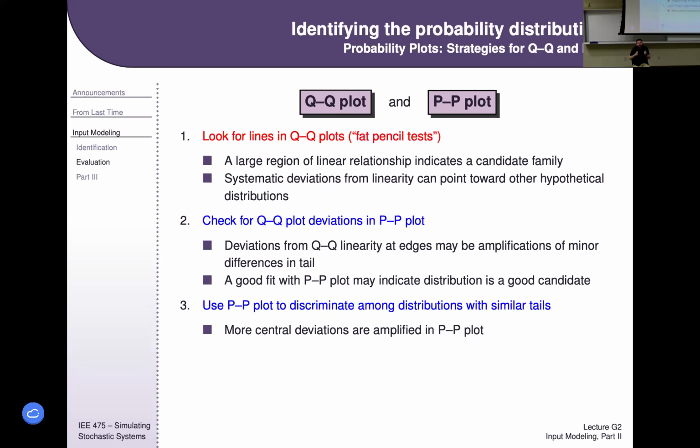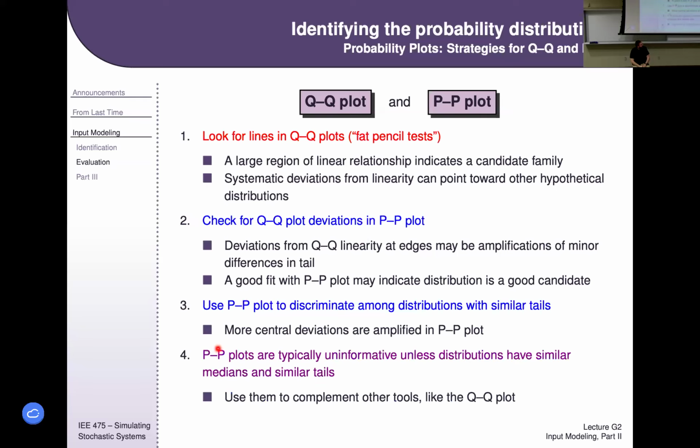Basically what's happening is the QQ plot fits the tails, the PP plot fits the middle. So you've pinned down the tails with the QQ plot, and then you compare the middles with the PP plot. These PP plots typically are uninformative if you do them first, so you typically want to do them after the QQ plots.